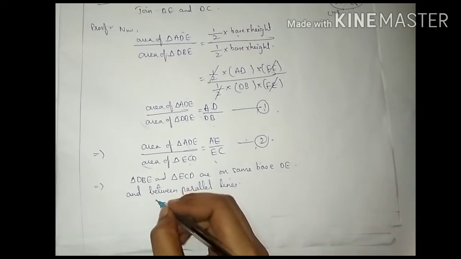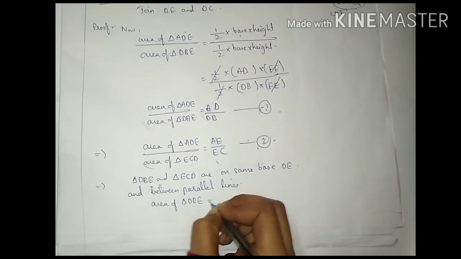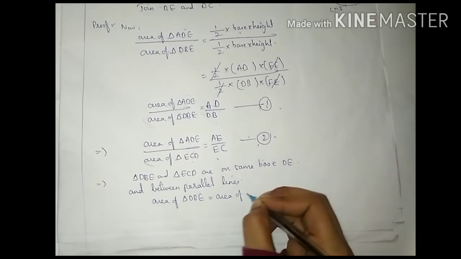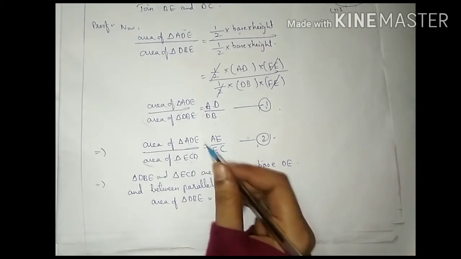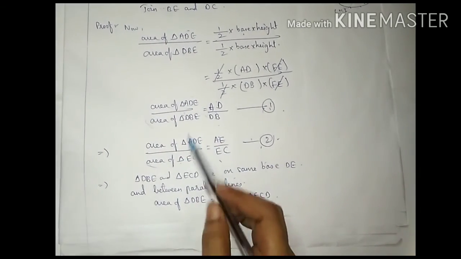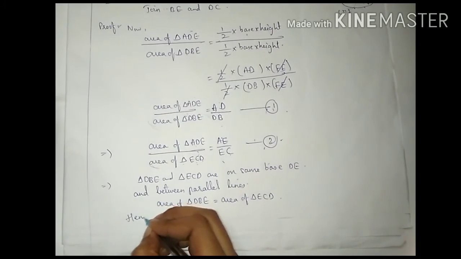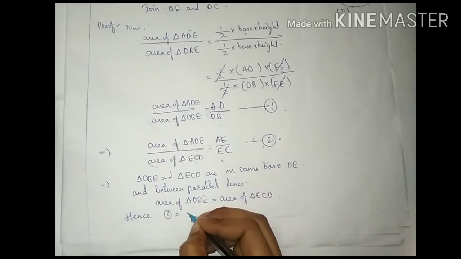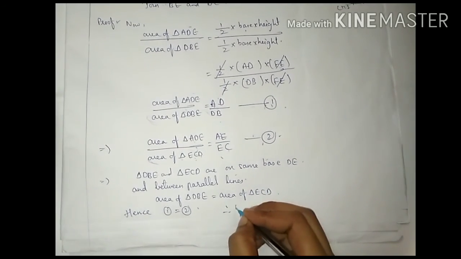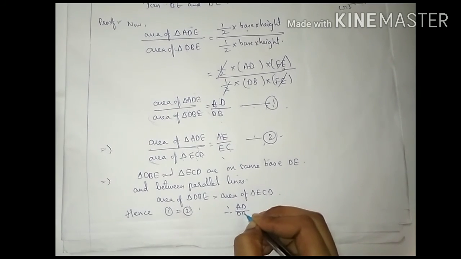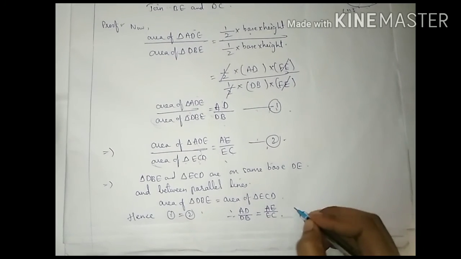Area of triangle DBE is equal to area of triangle ECD. The numerators are already the same, and the denominators we also got the same, that means these two are equal. Therefore AD by DB is equal to AE by EC. Hence proved.